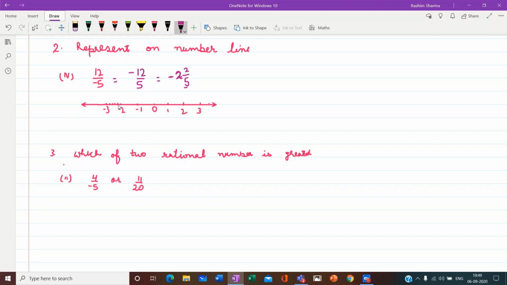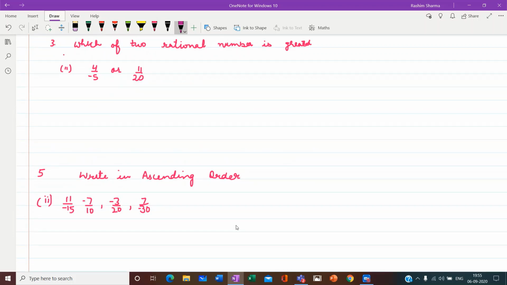So this is the 2/5 part. It means 2 and after that 2/5 part. So this number will represent minus 2 2 on 5, that is minus 12 on 5. Alright. So this way we will mark on the number line.